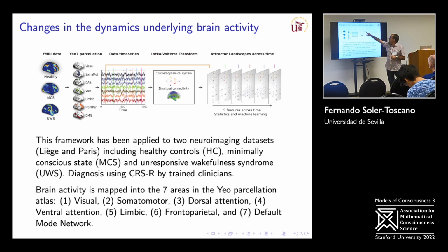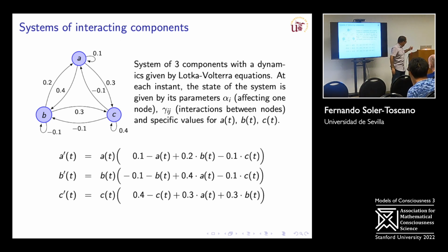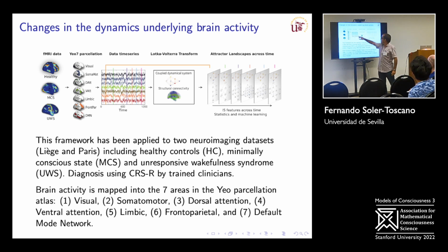a Lotka-Volterra transform, a model transform, to get the parameters of the system of interacting elements. We also need a connectivity matrix. We use structural connectivity matrices in the transformation, and we get the parameters of a Lotka-Volterra system, and then we can build the attractor landscape at each instant.